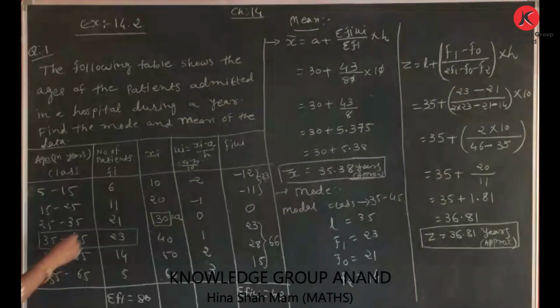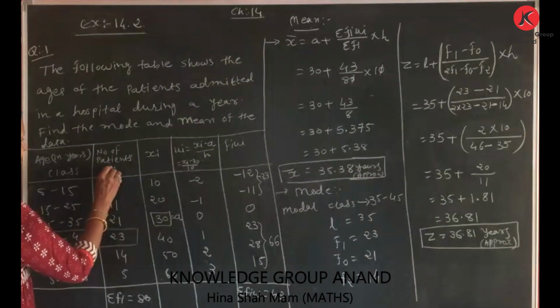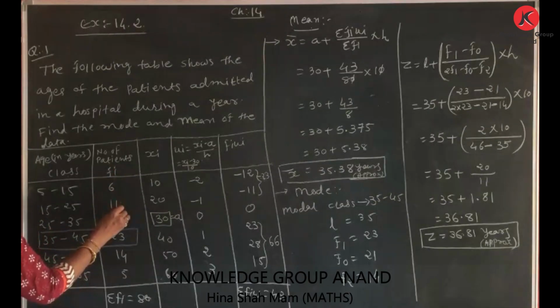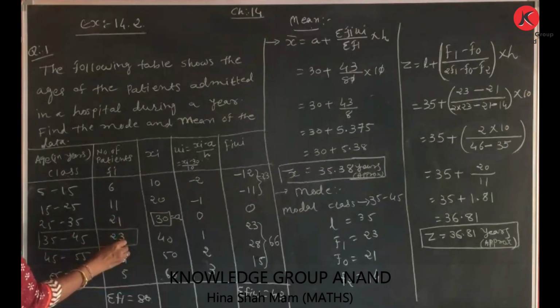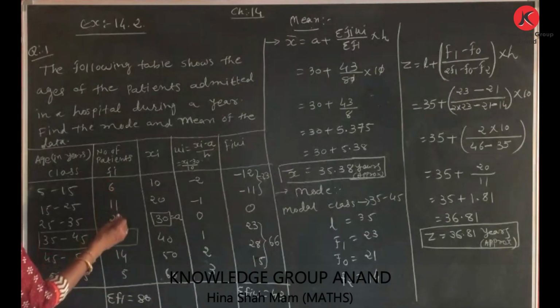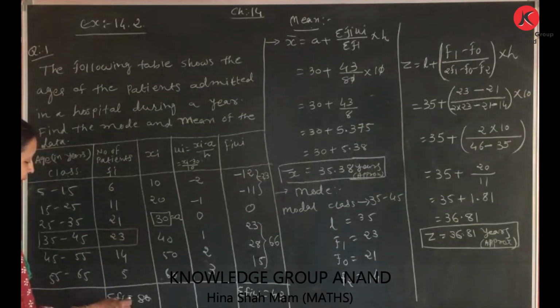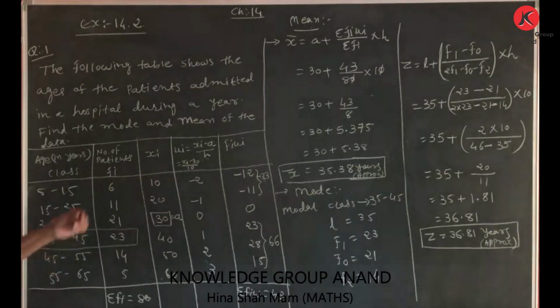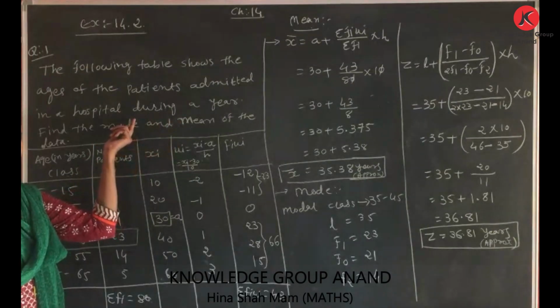Number of patients is called fi: 6, 11, 21, 23, 14, 5. The sum of frequencies, that means sigma fi, is equal to 80. We have to find mean and mode.